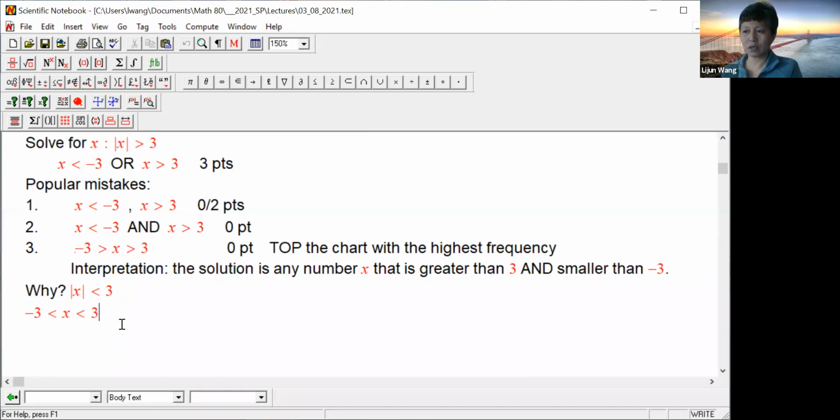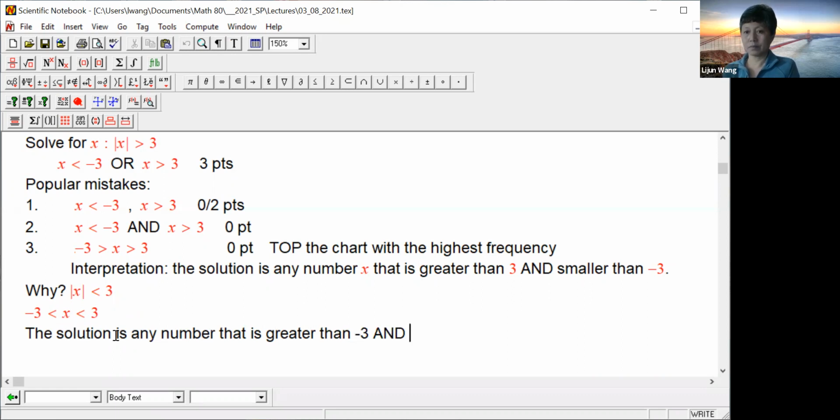This interpretation is the solution: any number that is greater than -3 and smaller than +3.